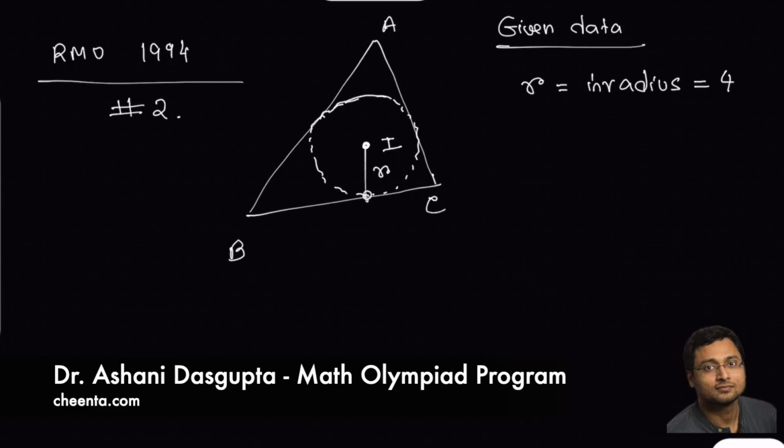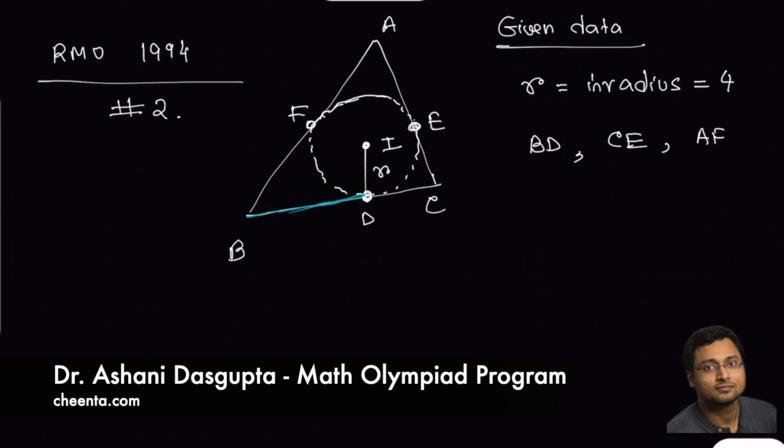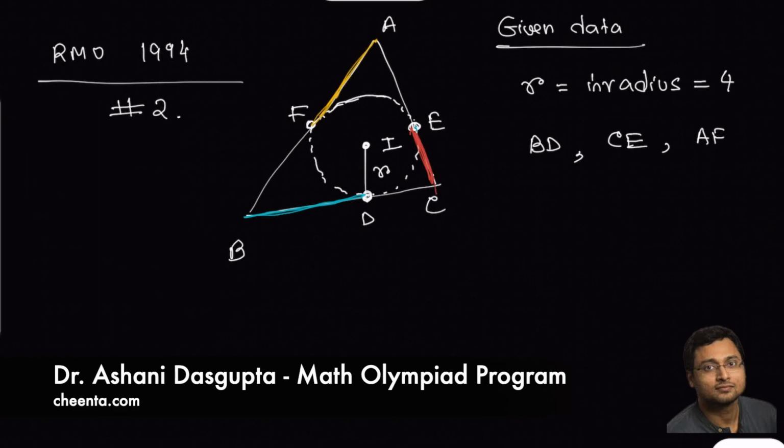Moreover, it's given that suppose these 3 points are D, E, F, then BD, CE and AF, so maybe I can draw that using a different color, BD, CE and AF, they are consecutive integers.